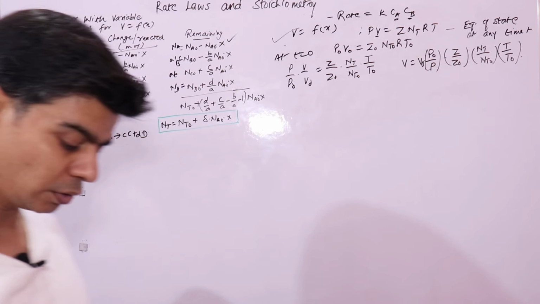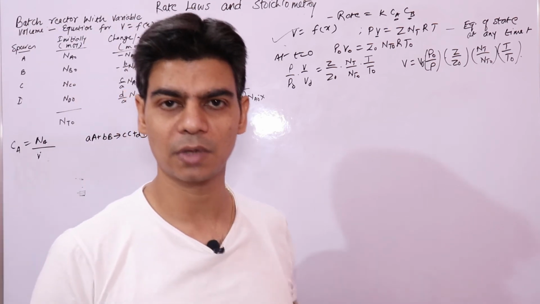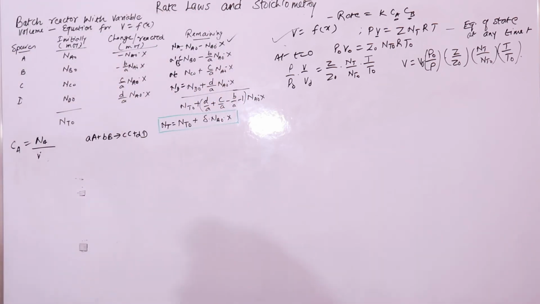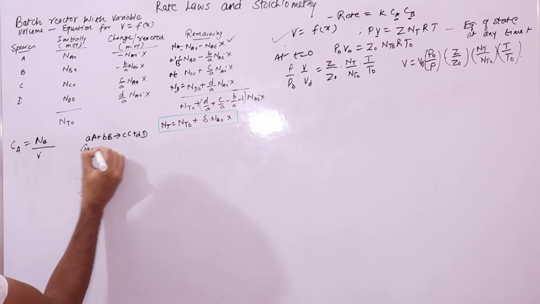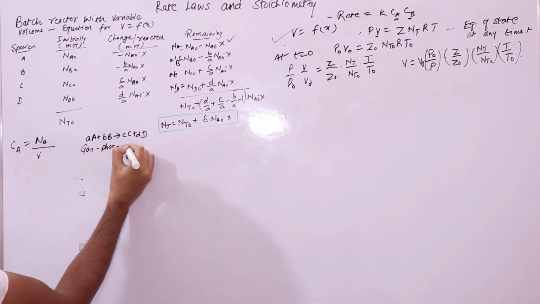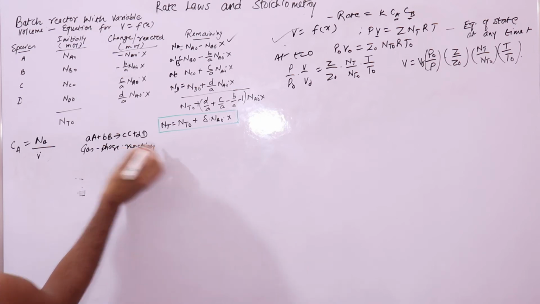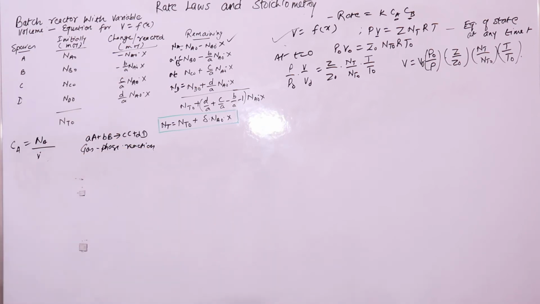So we would be building a stoichiometric table like we were doing for other rate law equations. This is your stoichiometric table. We were deriving this for a gas phase reaction, and this is the stoichiometric table that we need to build. This is NT0, the initial number of moles fed into the reactor.